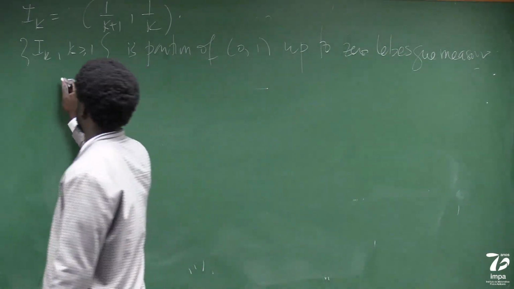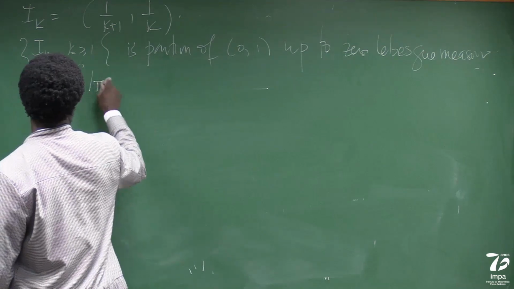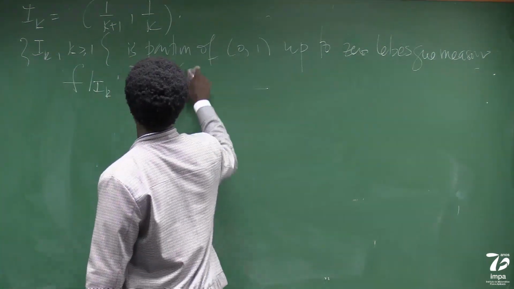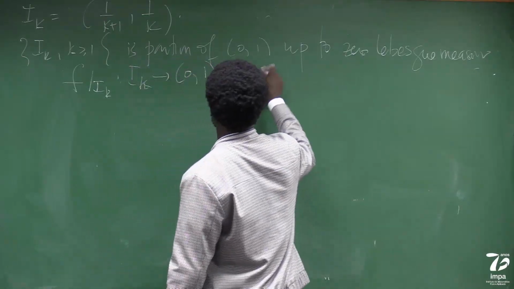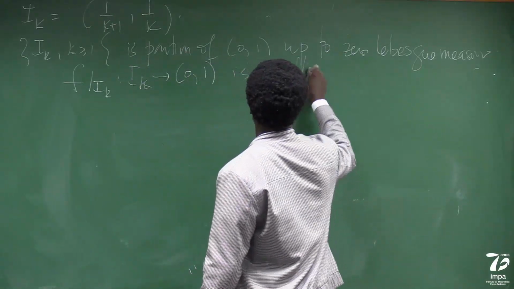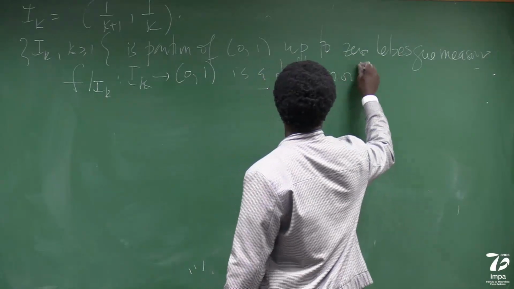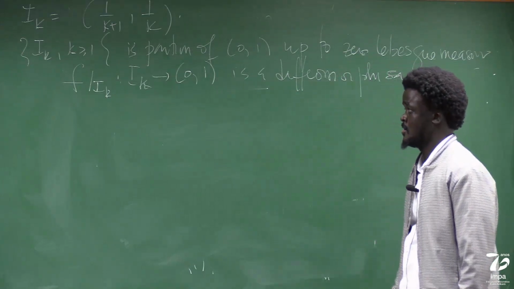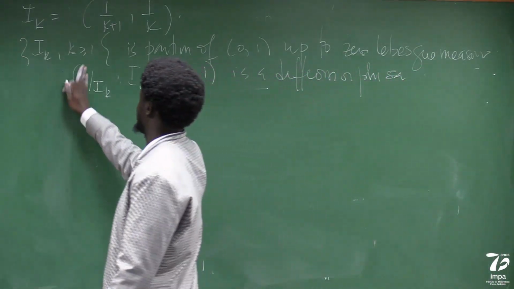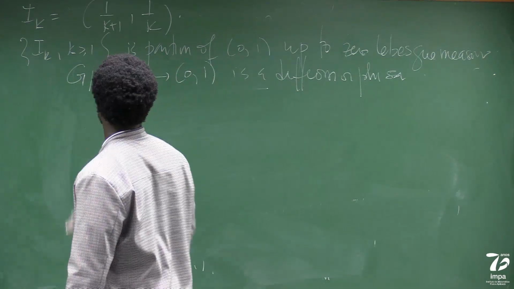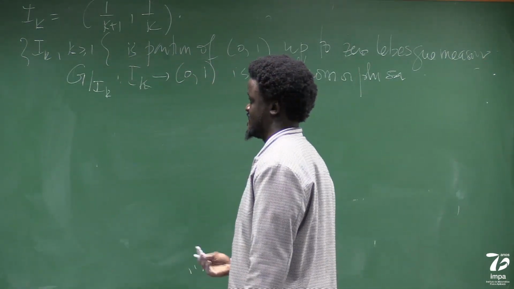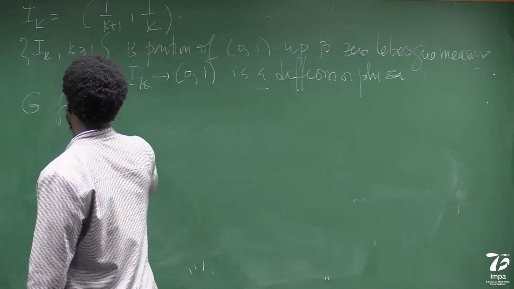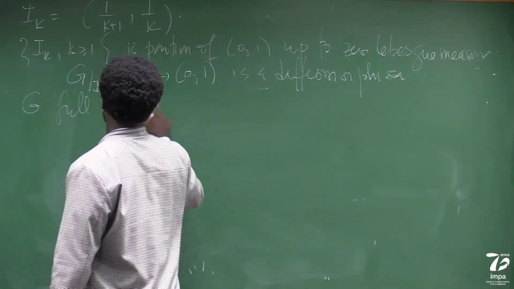And that G restricted to Ik, from Ik to 0, 1, is a diffeomorphism. Okay? So here G is a full branch map.